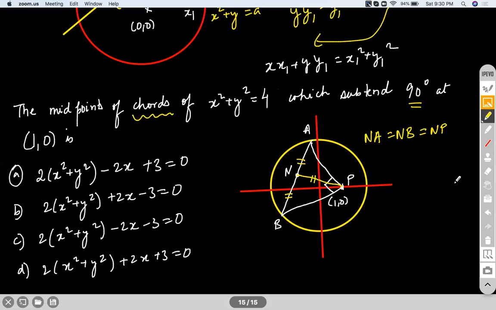Why is it equal to NP? Very good question. If you draw a circle passing through all these three points, NP, NA, and NB would be the radii of that circle.